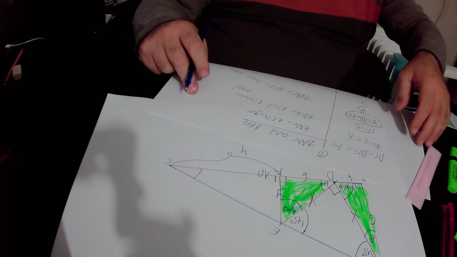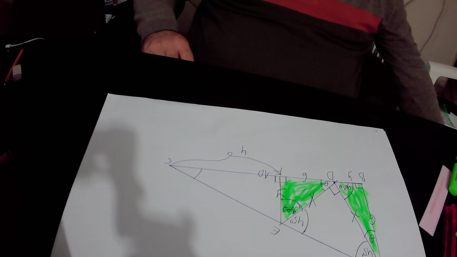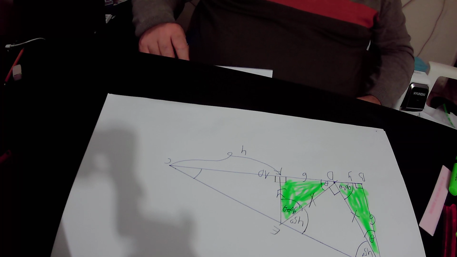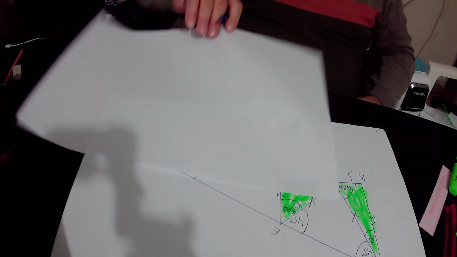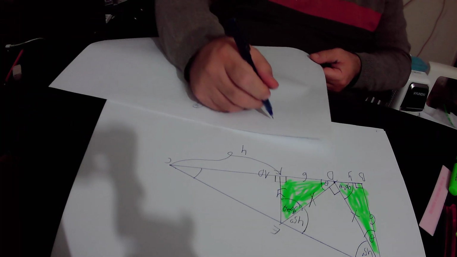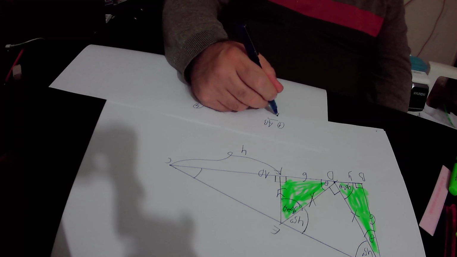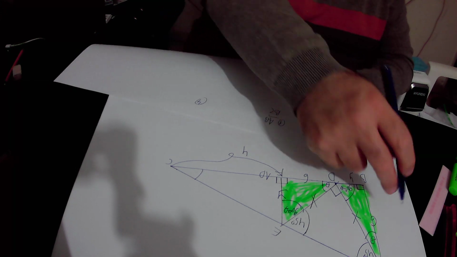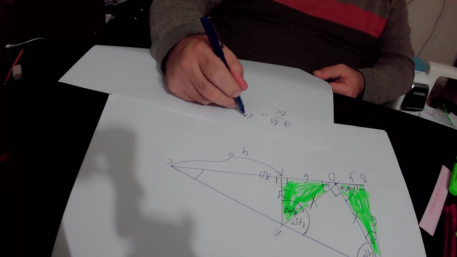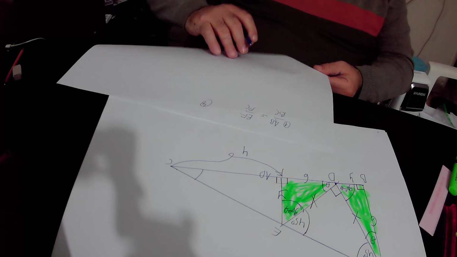And from the fact that those two right triangles are similar to each other, we conclude that the following relationship exists between their sides: AB over BC equals EF over FC.